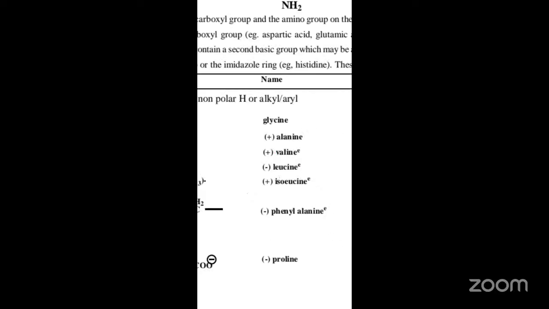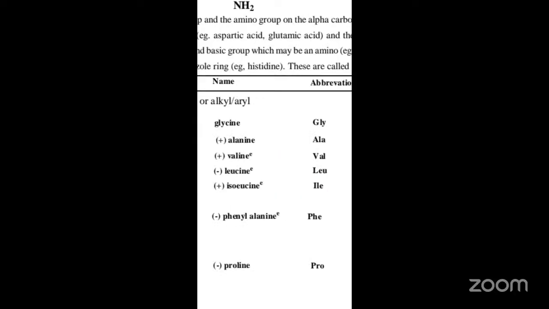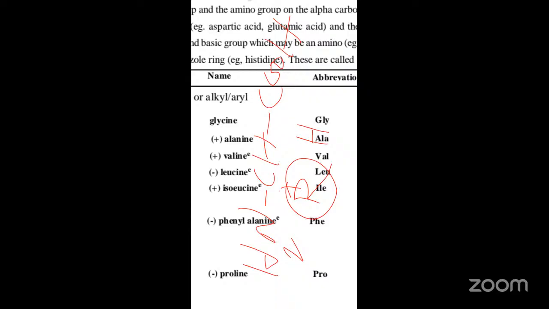And here are some structures of amino acids. In the general molecular formula, there is NH2, H, R, and COOH. If R is substituted with hydrogen, then it is glycine, the very first amino acid.